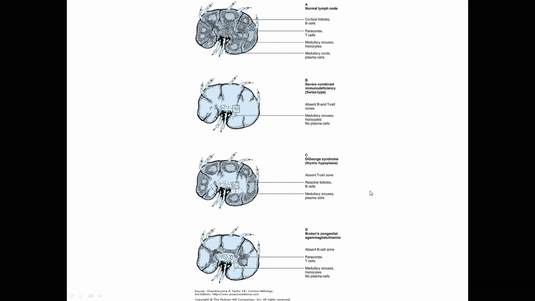Another primary disorder is the DiGeorge syndrome, thymic hypoplasia or aplasia. It is characterized by the presence of B cells while the T cells are absent. The T cell zone is absent and B cells are present.